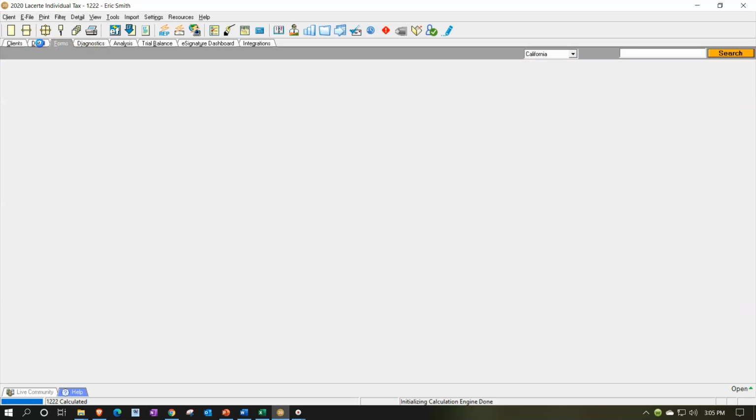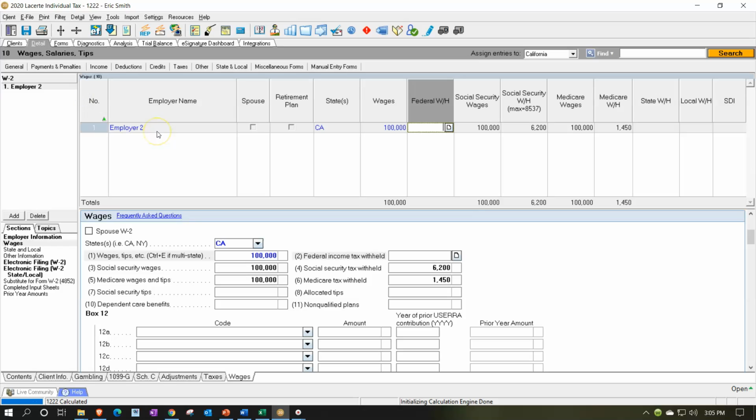So I'm going to go back to the detail and just think about what we have here in the employer. Notice this is where I input the W-2 information. Notice that we have the 100,000 wages here, and we also have Social Security wages and the Social Security tax. So in other words, we have already paid $6,200 in Social Security taxes if we had W-2 wages, which would be the employee portion, meaning that has already been taken out of the employee wages, as well as 1.45% of the Medicare.